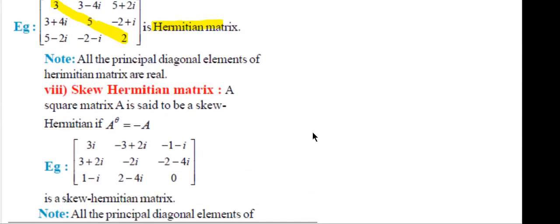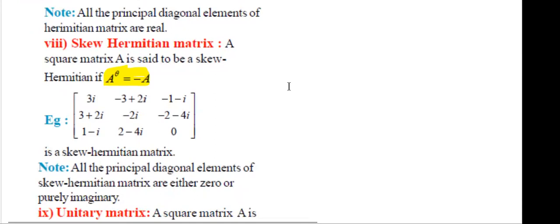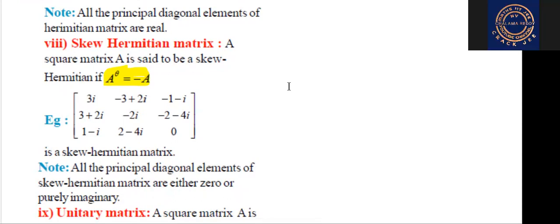Okay. Skew Hermitian matrix. What is the condition? A conjugate whole transpose is equal to minus A. A conjugate whole transpose equal to minus A is called a skew Hermitian matrix. See here one example given. First do the conjugate, then apply the transpose. Observe there, if you get minus A, that is a skew Hermitian matrix.